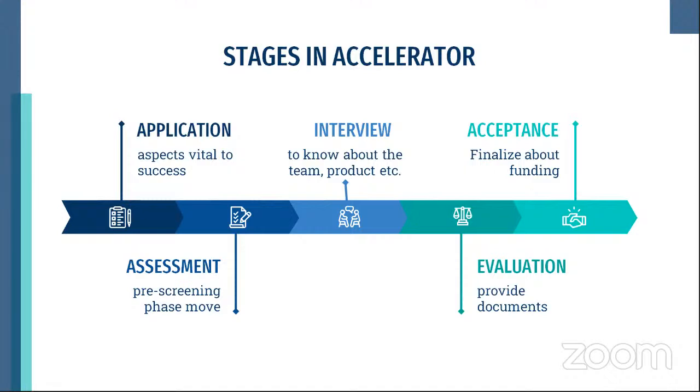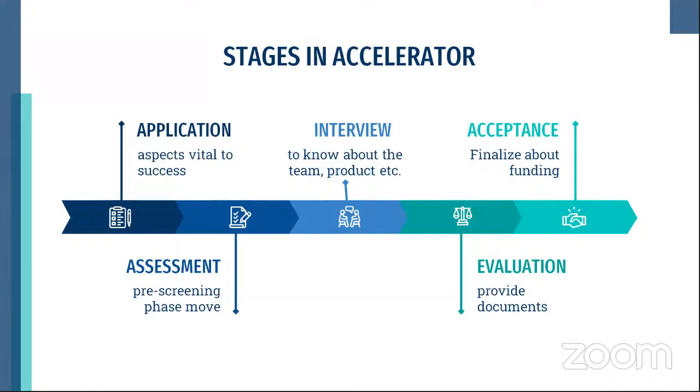Third is the interview. At this stage, the accelerator is very interested but wants to know about the team, product, and evidence of traction. The interview process typically takes 20 to 30 minutes. Fourth is the evaluation. Interviewees provide documents to prove their statements about revenue, legal standing, or any claims made about the company.